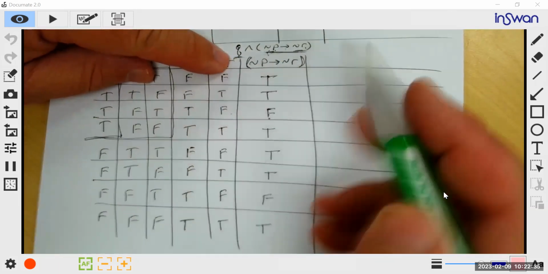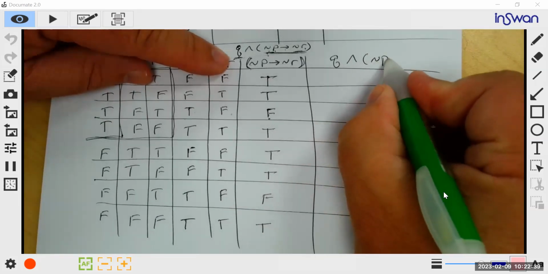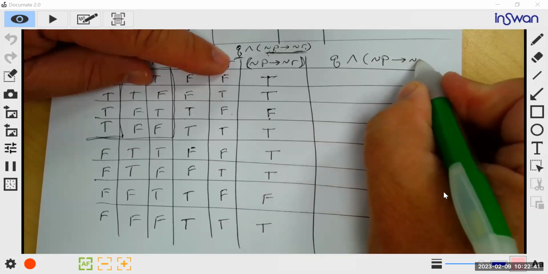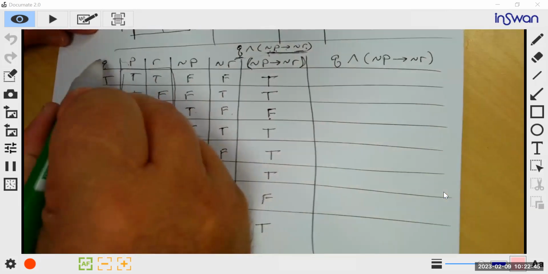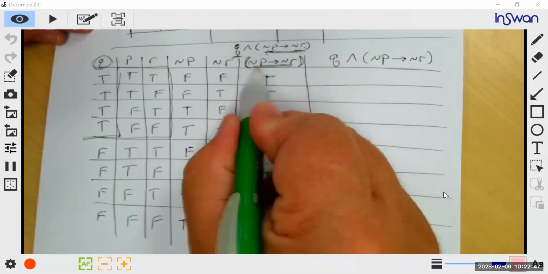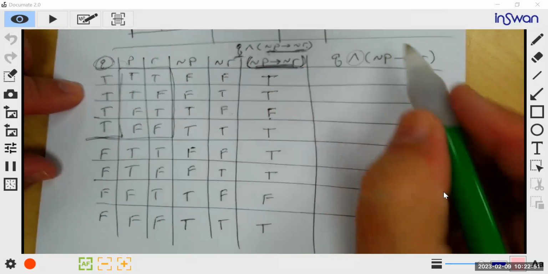Now we do the entire equation: Q and not P, then not R. So we're looking at this column and this column with an and statement.